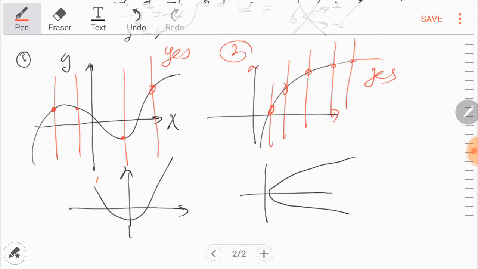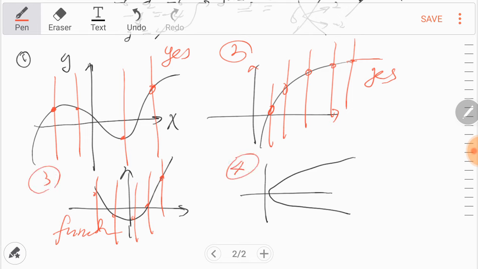How about this one? Yes, of course, this is also a function. Okay, number 3 is a function. How about number 4? This is not a function because if you draw a vertical line, for this input there are two y values. So this is not a function.